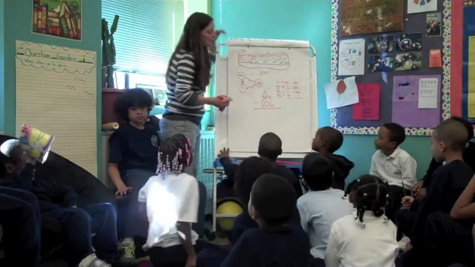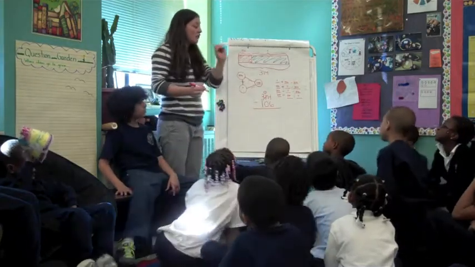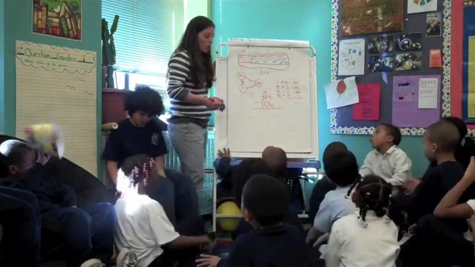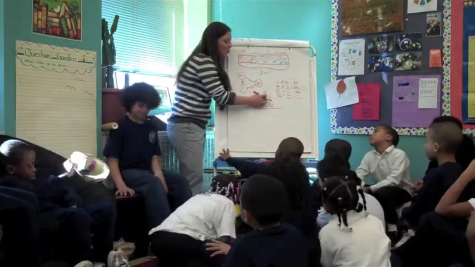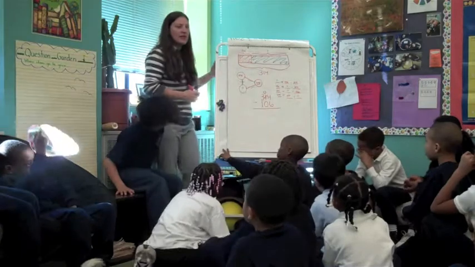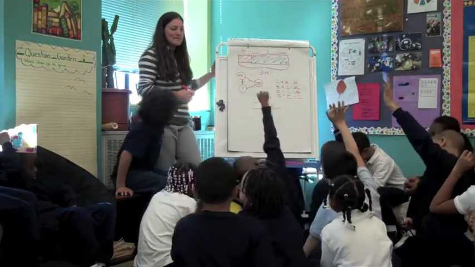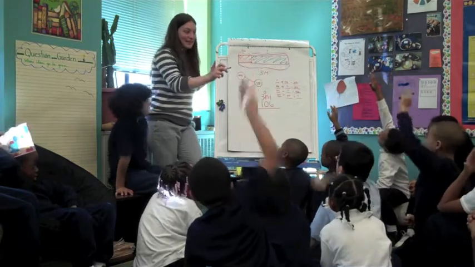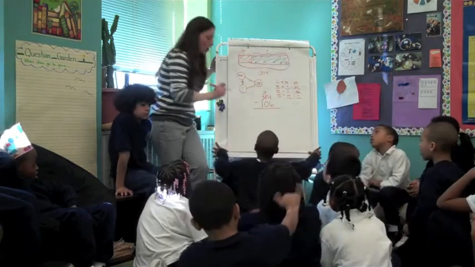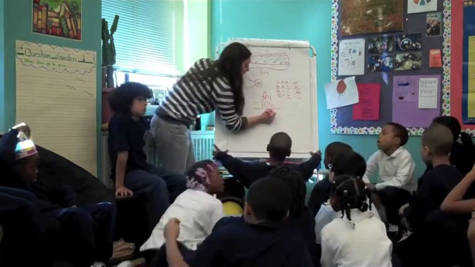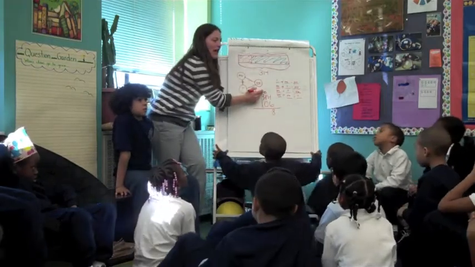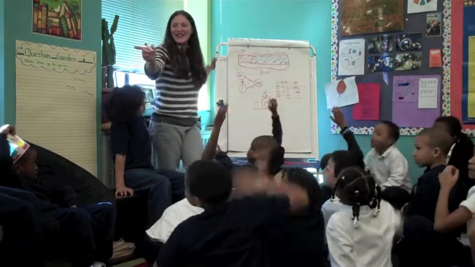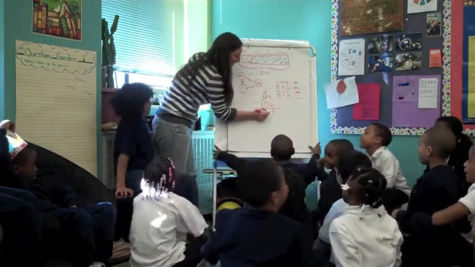So I regrouped it to have 0 10s and 14 1s. 14 1s minus 6 1s. How much does that equal? 8 1s. 0 10s minus 0 10s equals 0 10s.